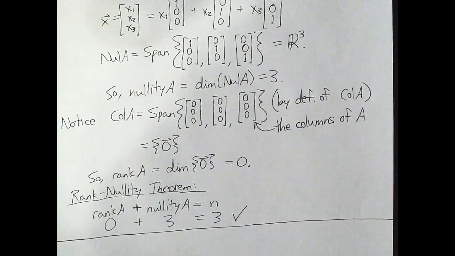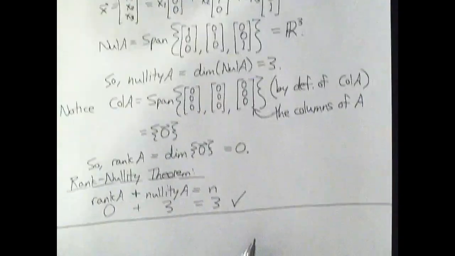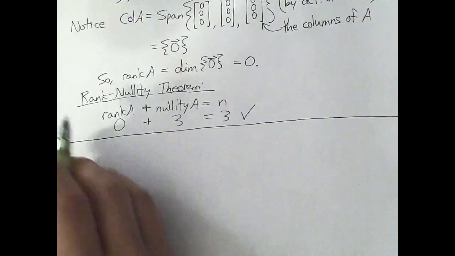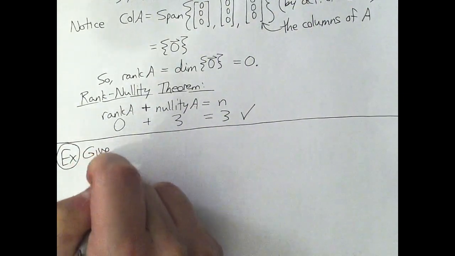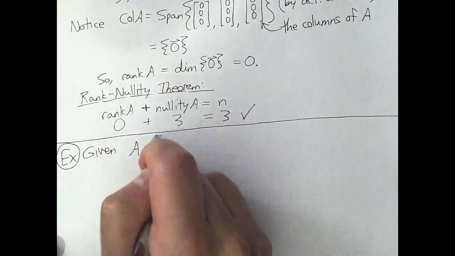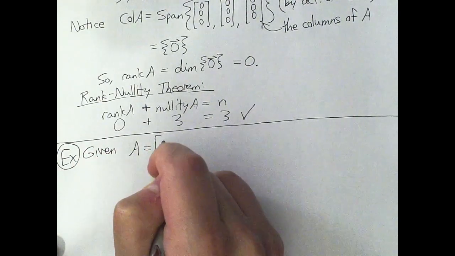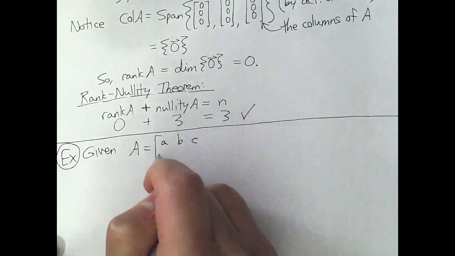So I have another question for you. Give you a moment just to make sure you've got all that. Okay. Here's a question. Given A equals a 3 by 3 matrix, but I'm not going to tell you what the entries are.